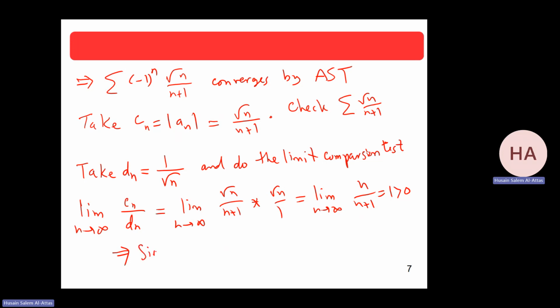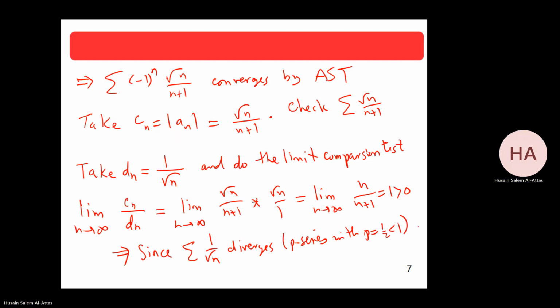But since you know this series, which is a p-series with p equal to one half, less than 1, diverges, then this series diverges.